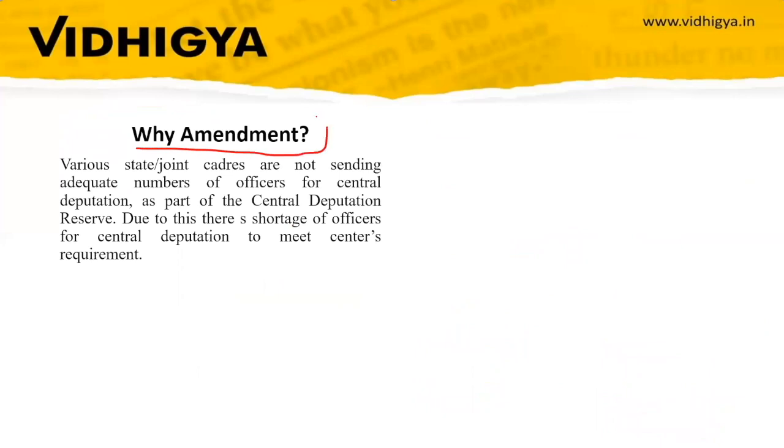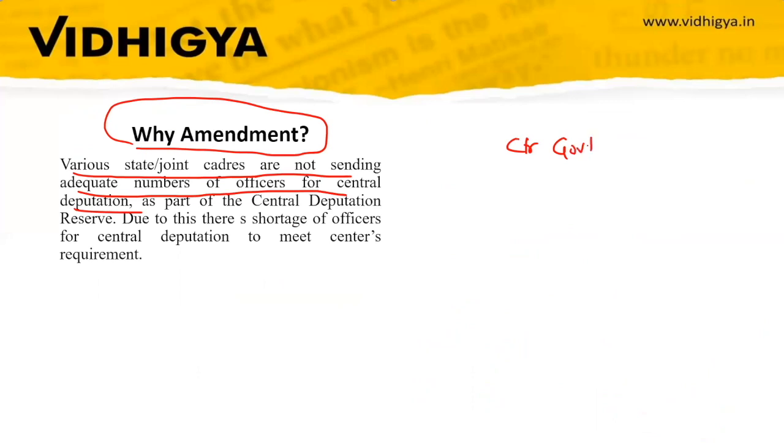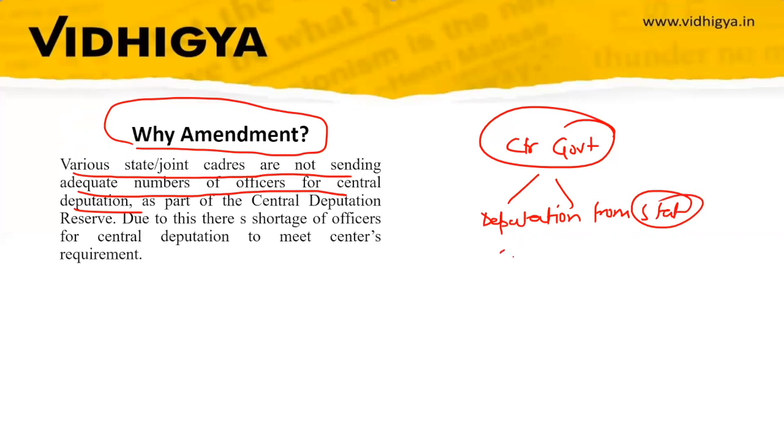So why the amendment? What is the need for the amendment? Various state joint cadres are not sending an adequate number of officers for central deputation. The central government needs officers for its working, and these officers come on deputation from states. There is a quota for every state that you have to send this much, x%, y%, to the central government for deputation for a particular time period as part of the central deputation reserve.